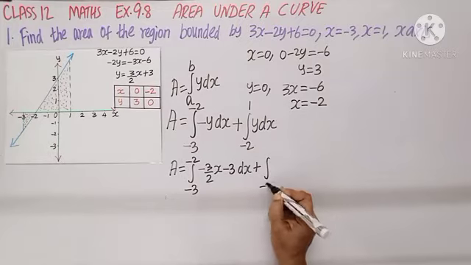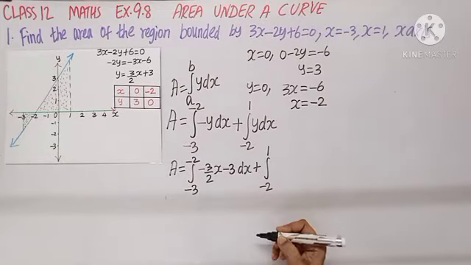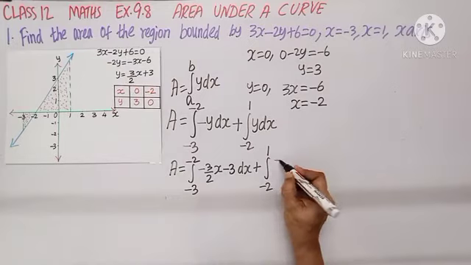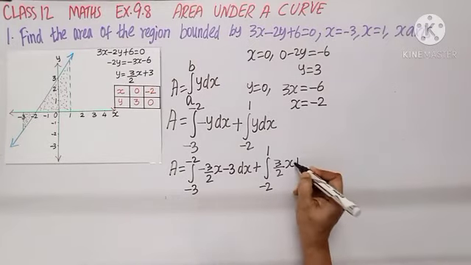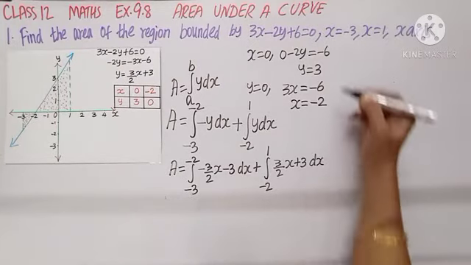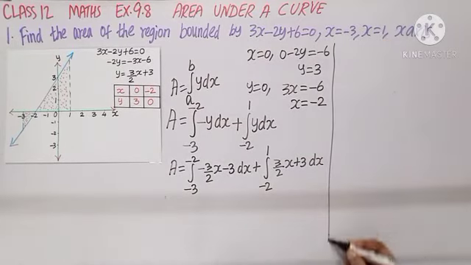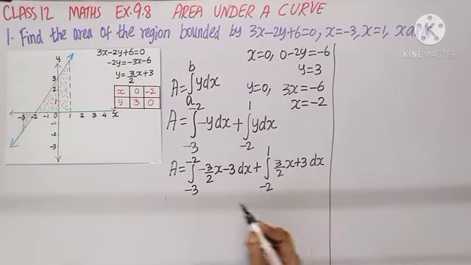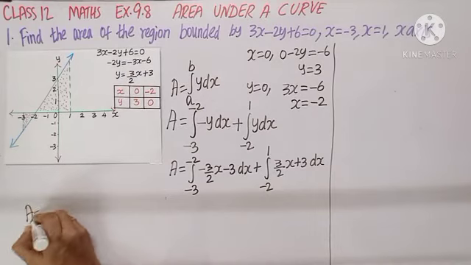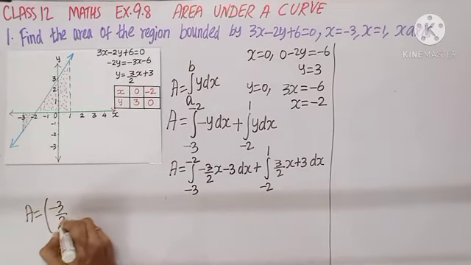Plus integral from minus 2 to 1, it is plus y dx, that is 3 by 2 x plus 3 dx. As we integrate and substitute the limits, area equals minus 3 by 2.